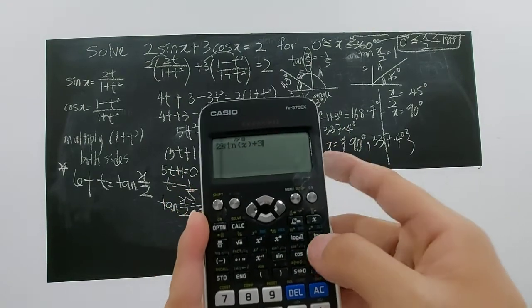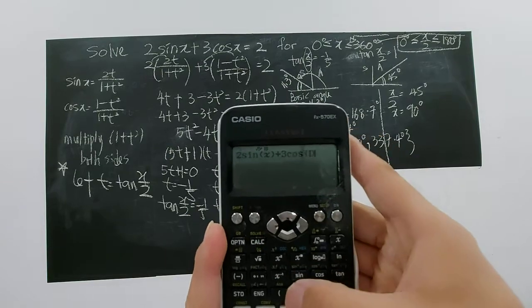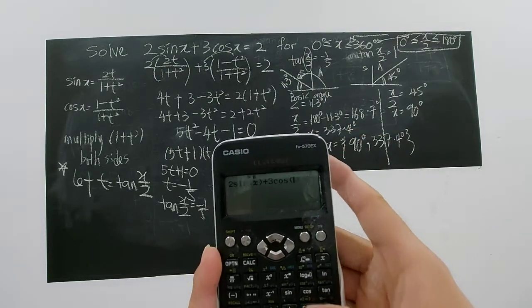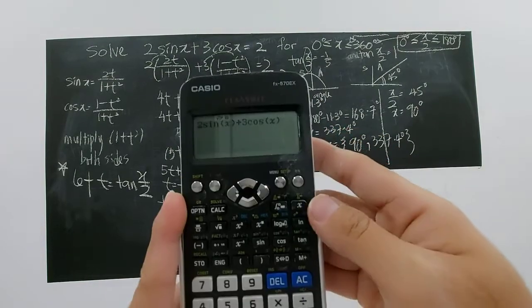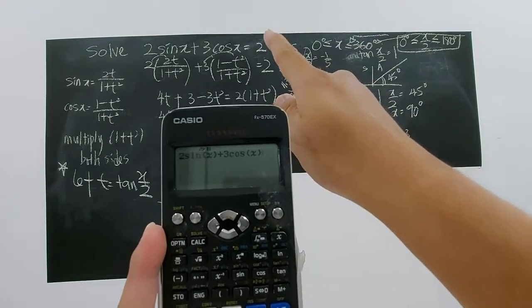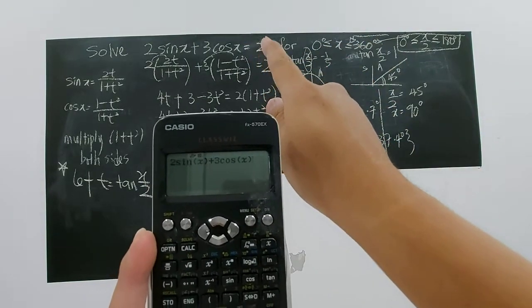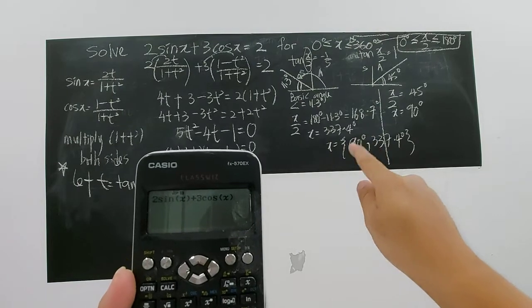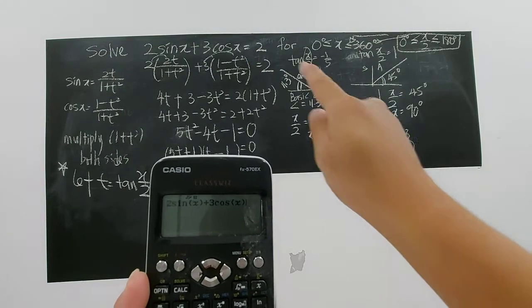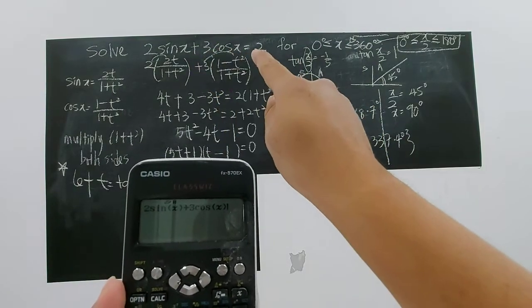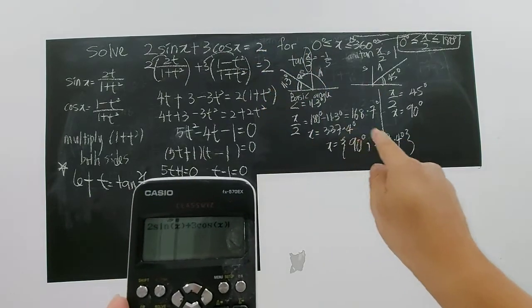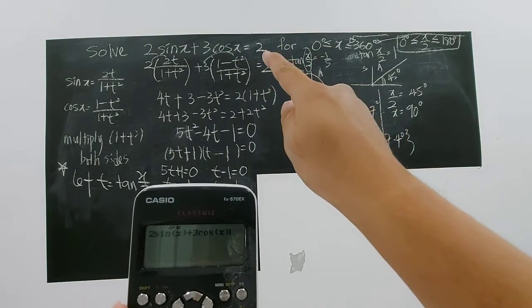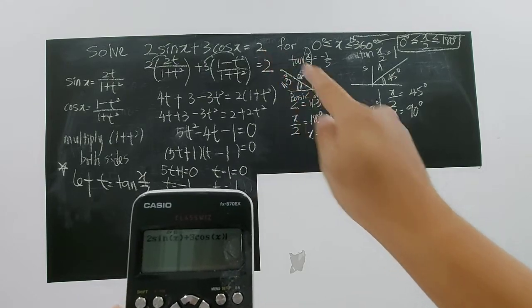Play around with your calculator. I'm not going to key in the 2, but I know that when I put this value of x into the equation, I will get 2. If I get a value other than 2, for example 4 or 6, something is wrong with your answer.